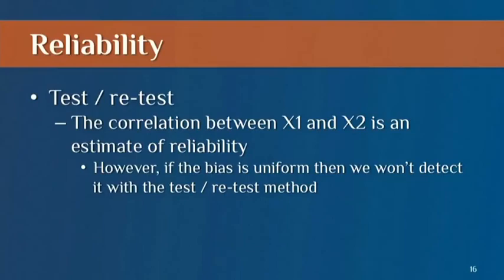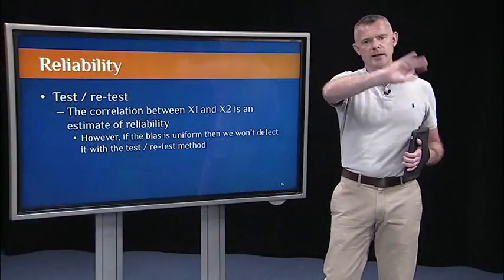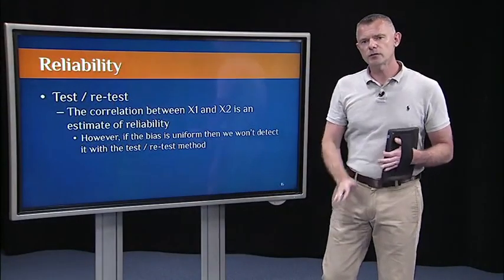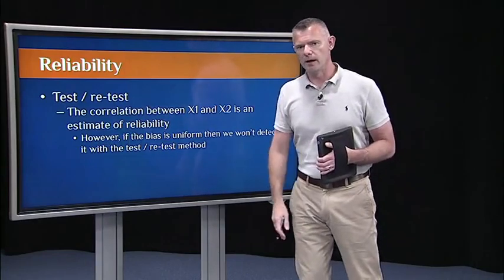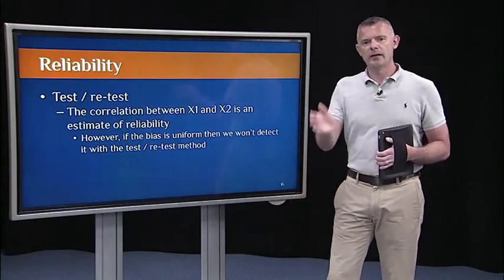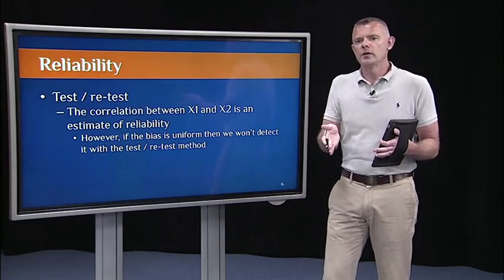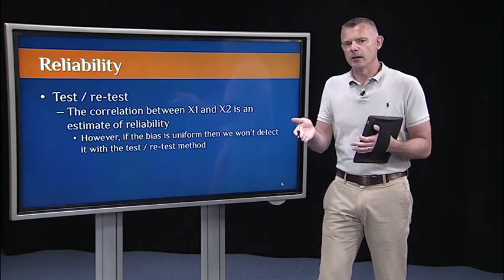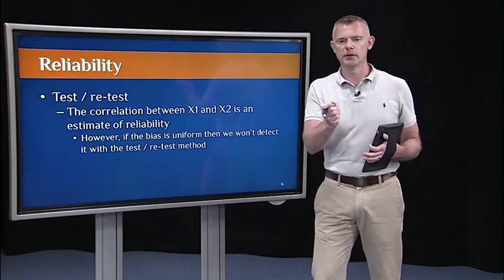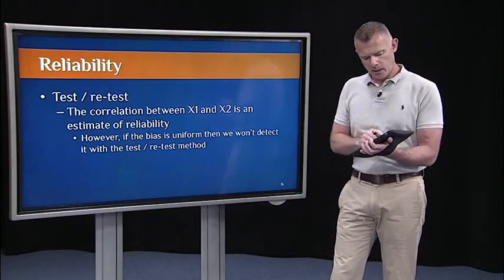If I used the infrared meter on everybody in a classroom once, and did it on everybody again a couple hours later, and the correlation was really high, if I only looked at the correlation, it wouldn't tell me about the bias. I would have to look at the histogram, I would have to look at the mean of the sample.